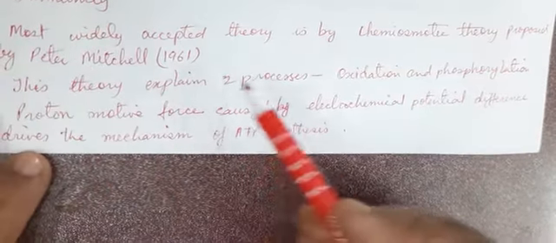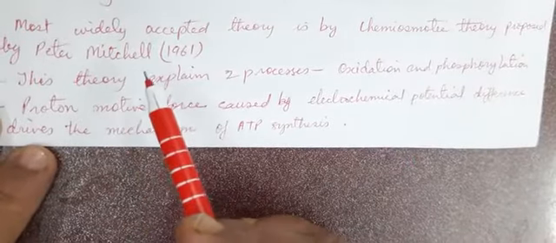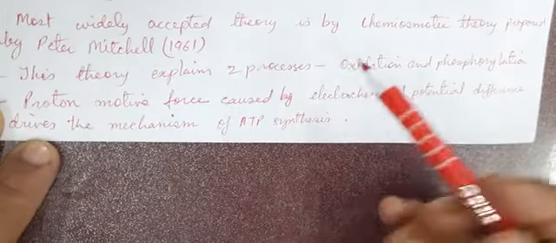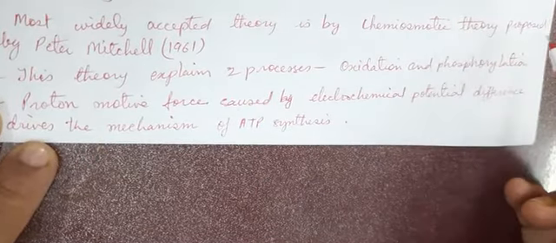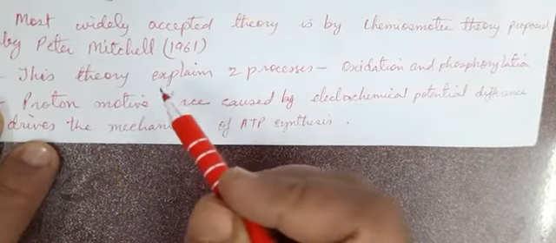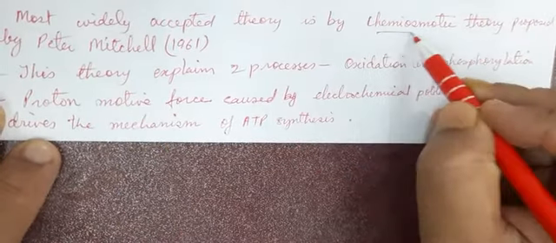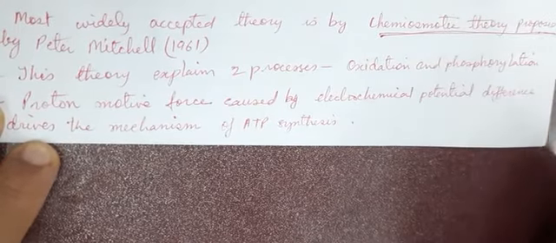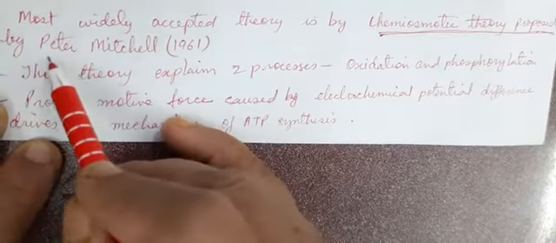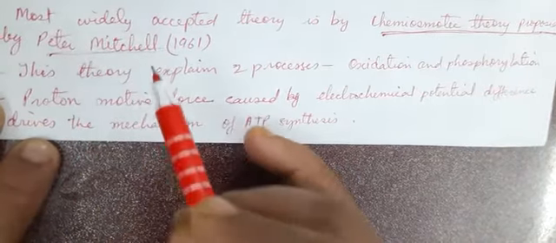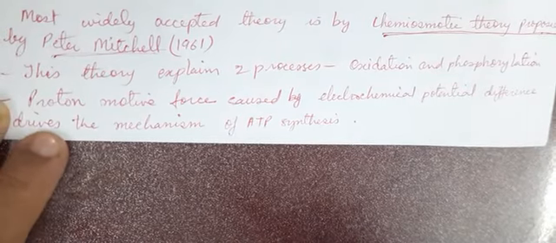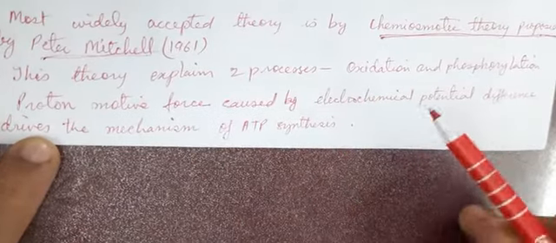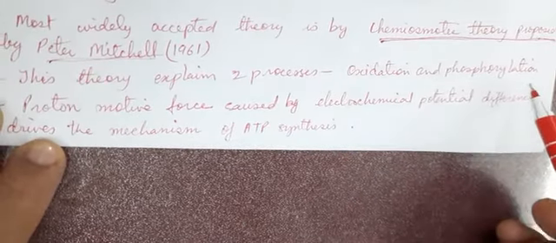Many theories are there, but the most widely accepted theory is the chemiosmotic theory proposed by Peter Mitchell. Means chemiosmotic theory is the best theory accepted by all for the synthesis of ATP. Then this theory explains two processes, that is oxidation as well as phosphorylation.